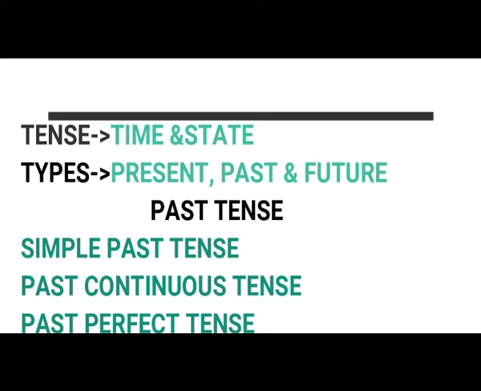Then we read that there are three types of tenses: present, past and future tense. In this video, we have learned past tense. There are 4 aspects of past tense: simple past tense, past continuous tense, past perfect tense, and the 4th aspect is past perfect continuous.